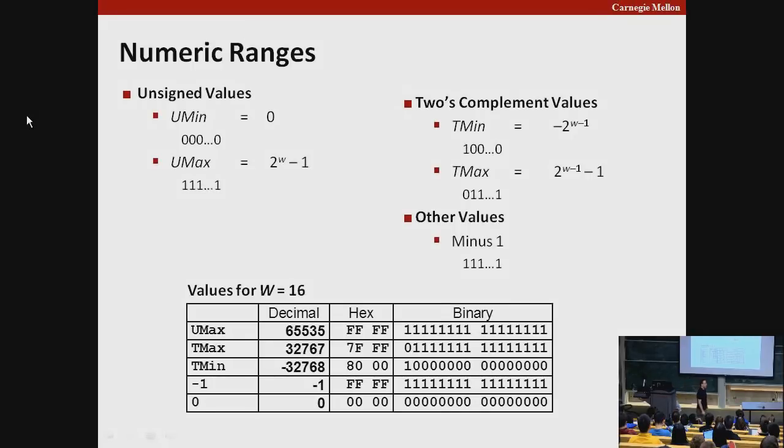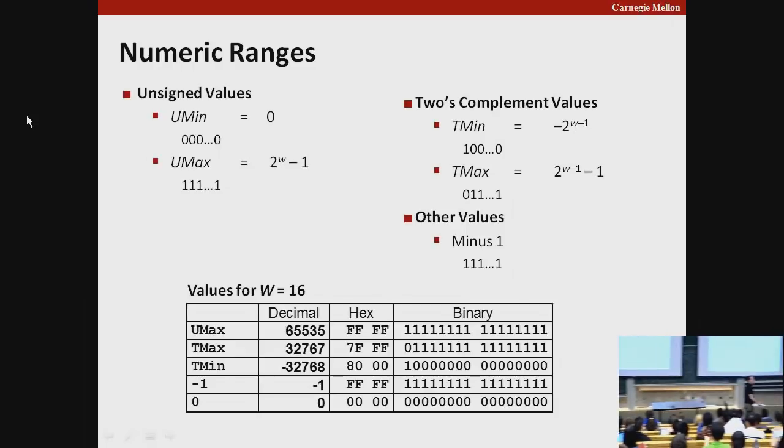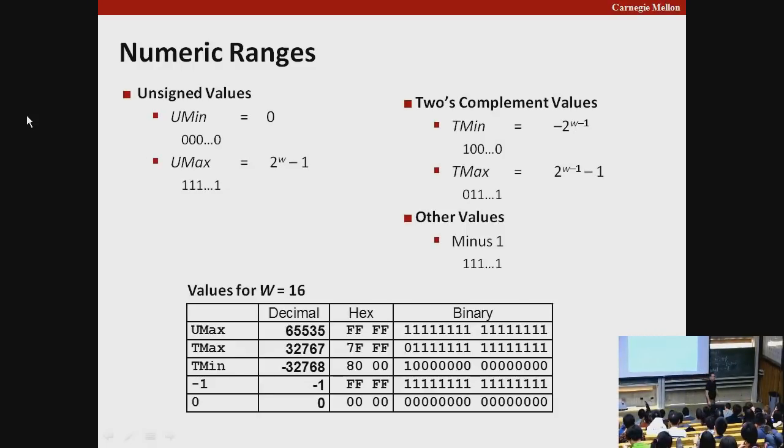Don't memorize it. There's tons of this stuff that you can mindlessly memorize, but you don't need to. You just need to keep in mind that it is what it is for a reason. 0 comes out of this side of the number line. It's 0 through something, not 1 through something. This is -1 through -2 to the w minus 1. This is 0 through 2 to the w minus 1 minus 1. Why? I'm starting at 0, so I don't get quite as far.